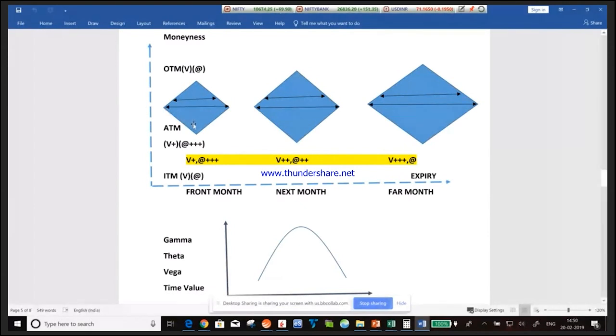As we go far month, the theta impact is going to reduce, isn't it?